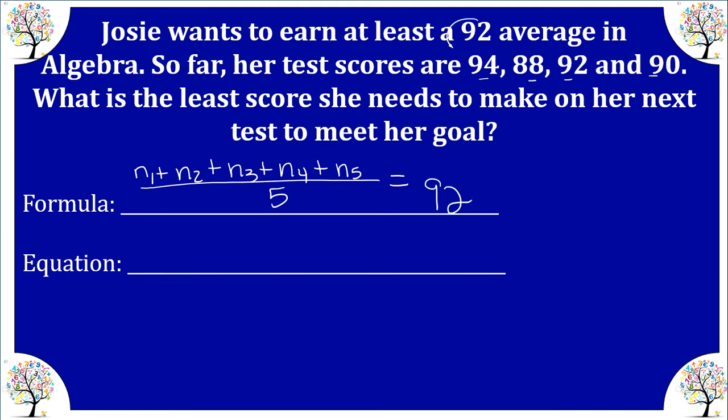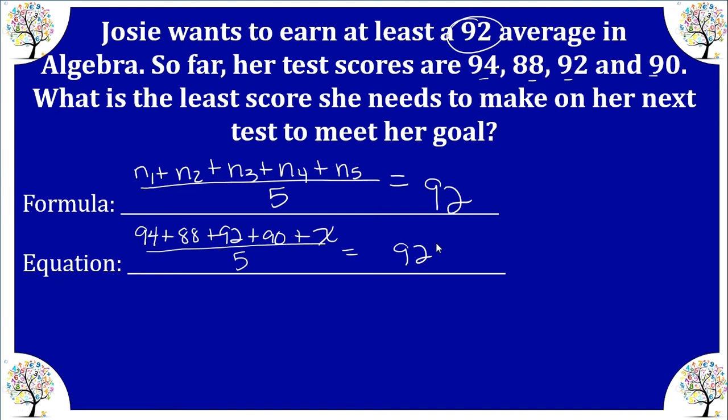That's her goal. Now let's substitute in our n sub 1. Our first number in our set is a 94 plus 88 plus 92 plus 90 plus, and I'm just going to use x for our next test that Josie's going to have. So please make sure you are neat and careful when you are working in algebra.